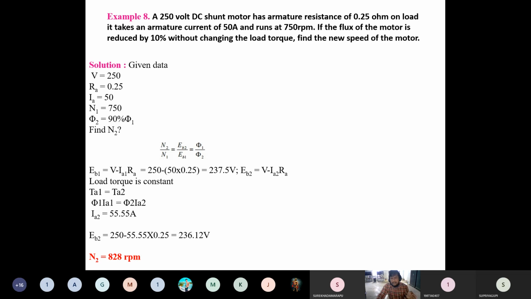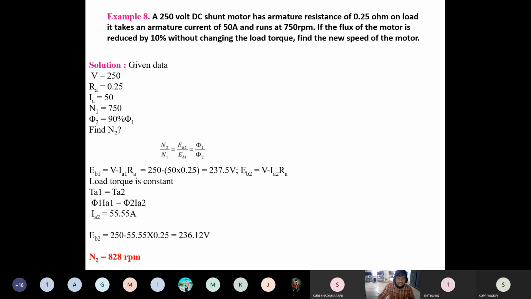We know the EB1 value, we know the EB2 value, and we know the phi 1, phi 2 value. Phi 1 by phi 2 is equal to 1 by 0.9. EB1 value is 237.5, EB2 is 236.12. Then determine the speed. N2 is equal to EB2 by EB1 multiplied by phi 1 by phi 2 into N1.